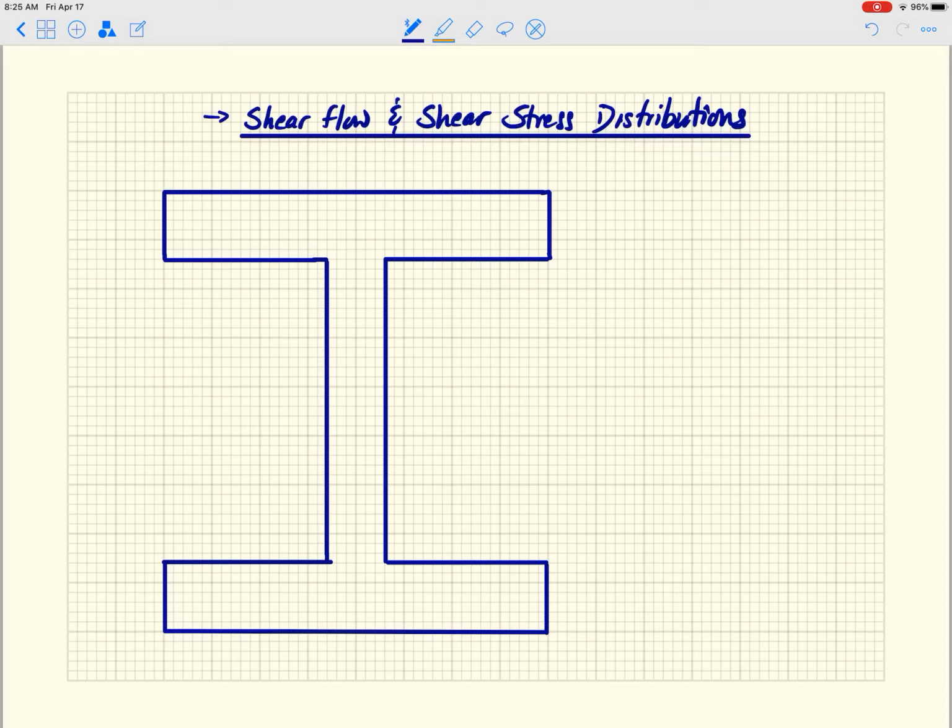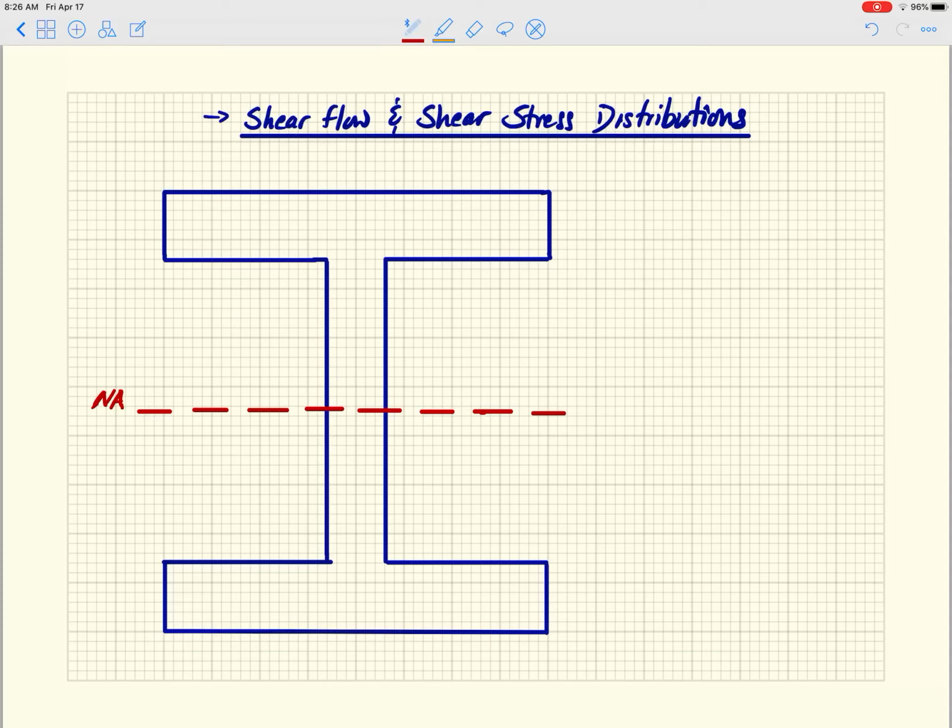Okay, so I have a cross section drawn here, and I guess it's right in the middle. So this here is my neutral axis. Okay, so we could look at two separate cuts.